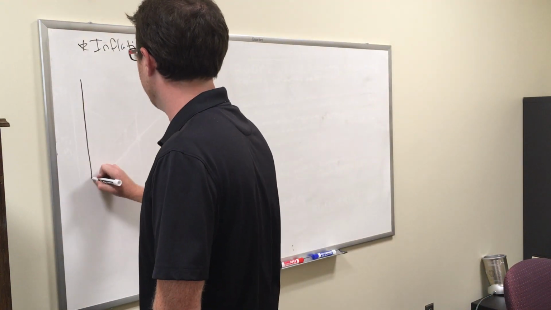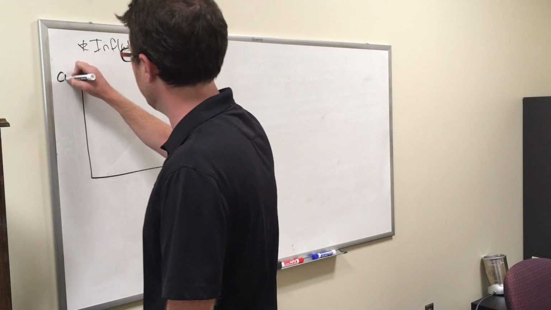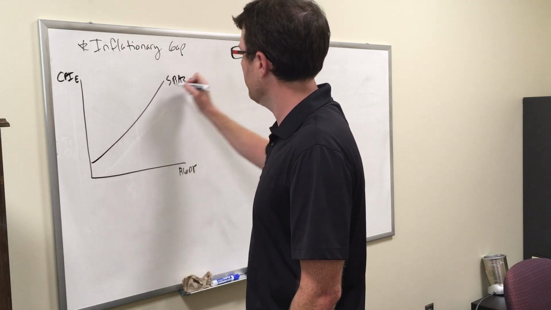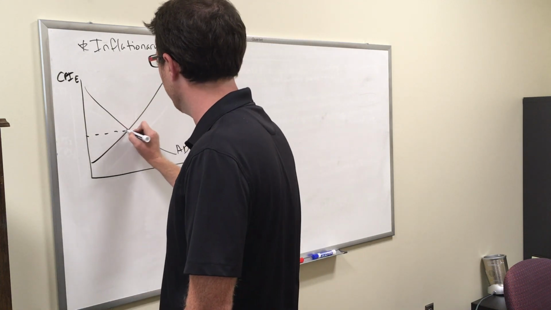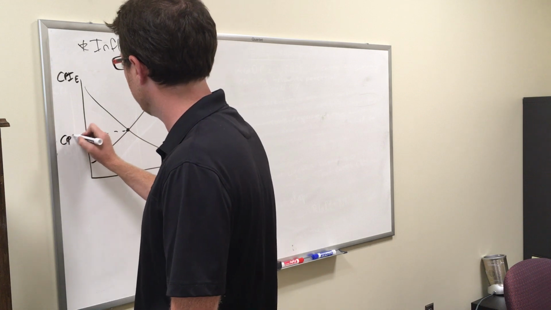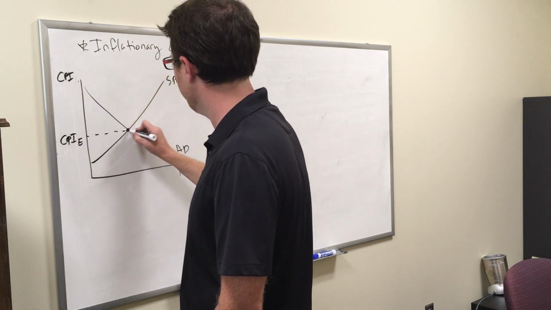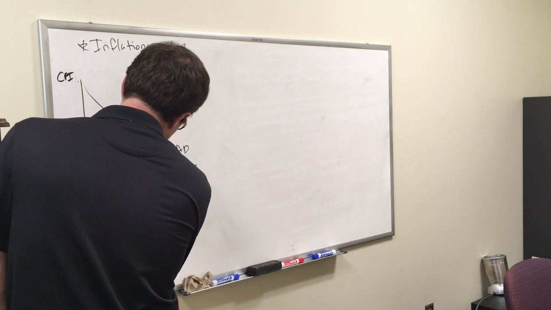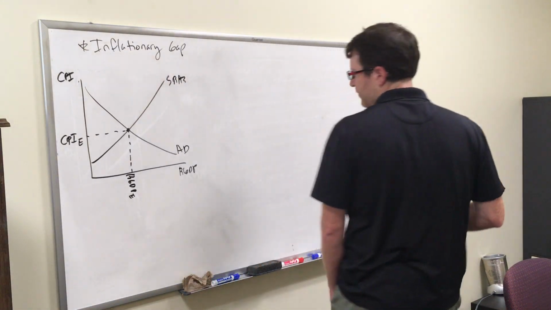An inflationary gap looks like this. Okay, so notice I'm going to start out by drawing this exactly the same way as I did with the recessionary gap, meaning I'm going to start at the short-run equilibrium. So here's my CPI at equilibrium. Here is my real GDP at equilibrium. Okay, so that's my starting point.